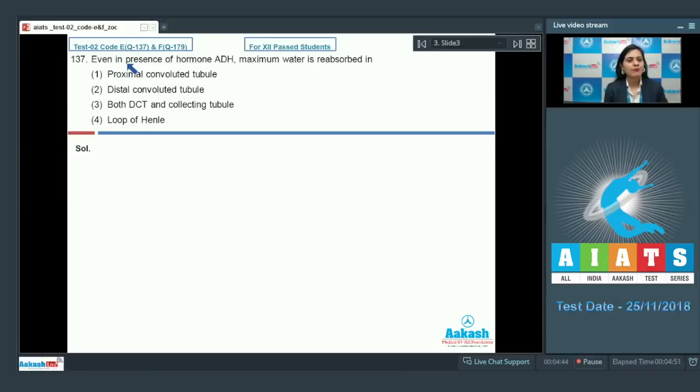Question number 137. Even in presence of hormone ADH, maximum water is reabsorbed in. So maximum absorption even in presence of hormone ADH will occur where?